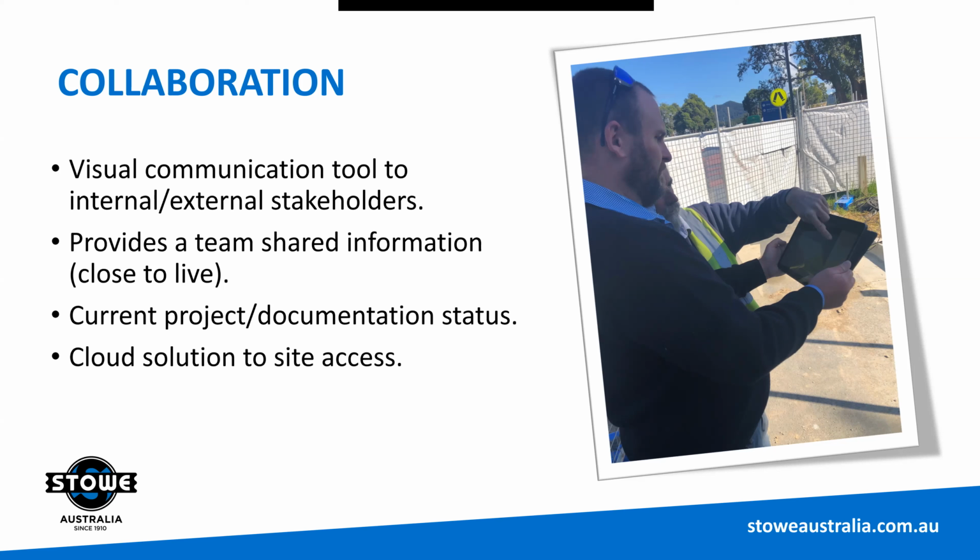But as far as a work in progress, up-to-date information, Revizto is correct. As you know, when you're utilizing especially Revit to produce your documentation, it's very rare that the model will actually be out of sync to the rest of it.